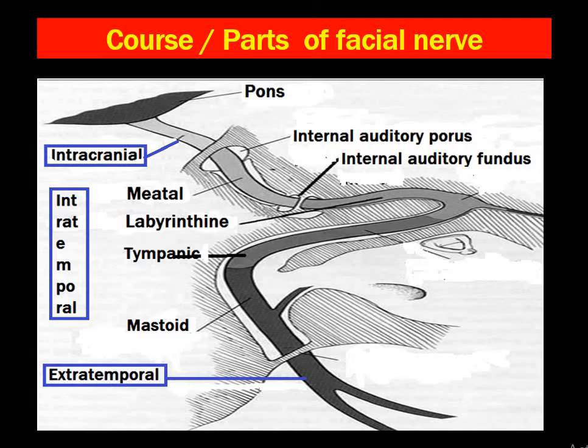The tympanic segment is from the first genu to the second genu, and the mastoid segment from the second genu to the stylomastoid foramen. So meatal, labyrinthine, tympanic and mastoid segments are the intratemporal segments of the facial nerve, whereas the extratemporal segment is when the facial nerve comes out from the stylomastoid foramen.